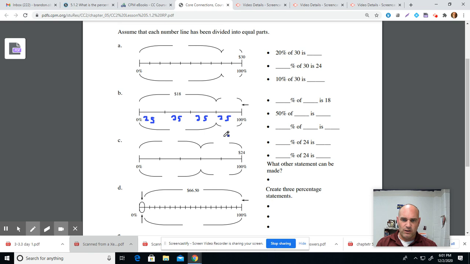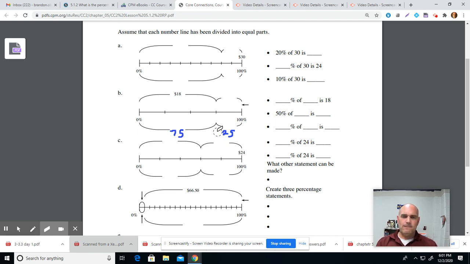All right, so that gives me my 100, doesn't it? So this piece right here is going to be 25, 25, and 25, which is 75. And then this one little chunk right here is going to be 25. I'm going to erase these to get it out of here. All right, so every chunk down below was worth 25, so I've got that filled out.